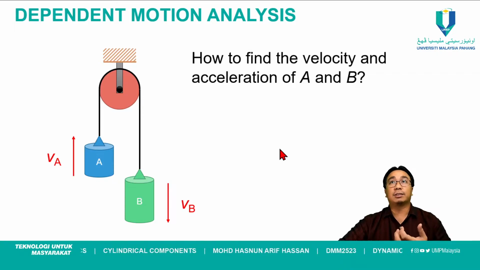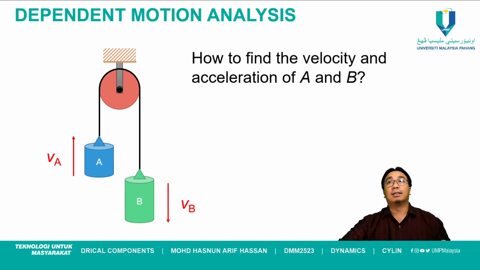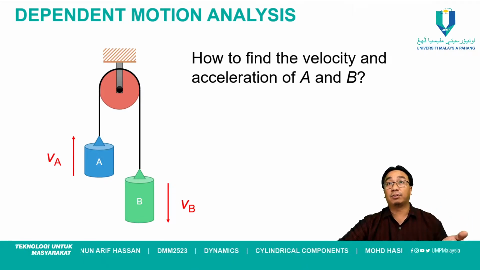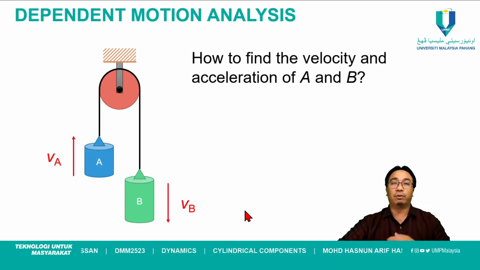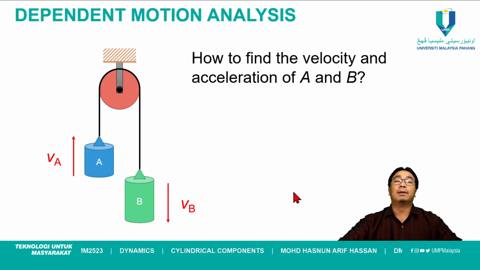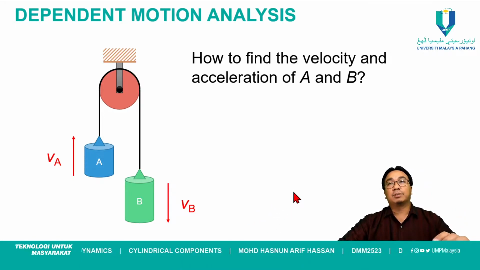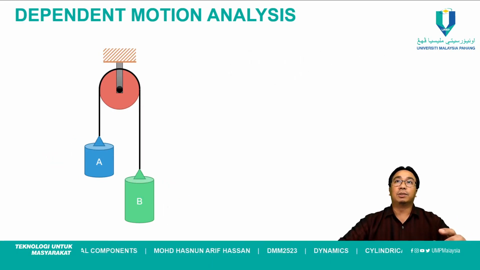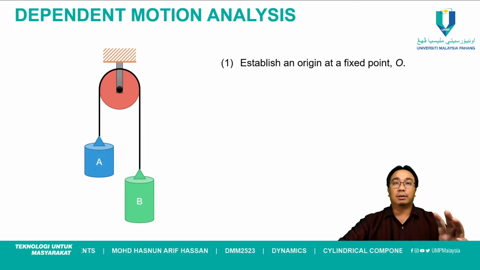So the question is how to find the velocity and acceleration of A and B. Okay, mula-mula kita cari velocity and then afterwards we will find also the acceleration. Okay, there are a few steps that you need to know on how to solve this, which I will show to you step by step.